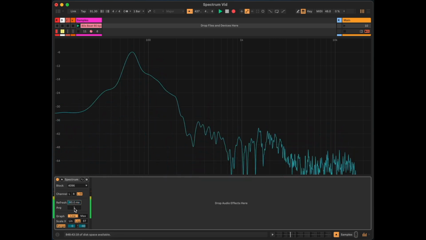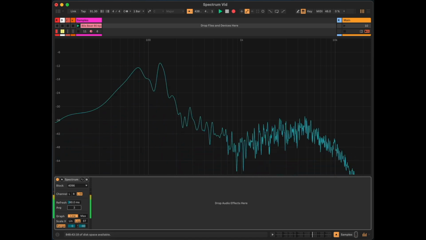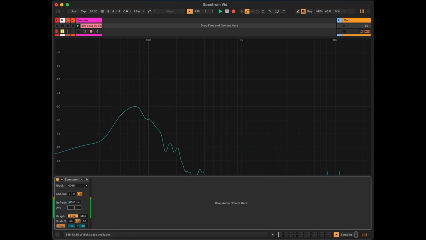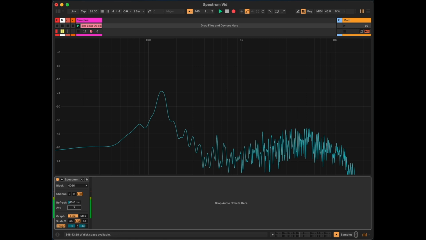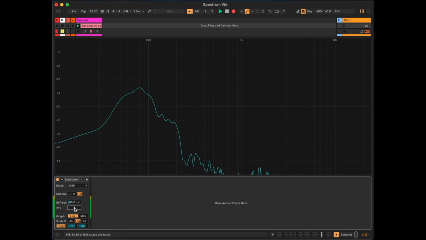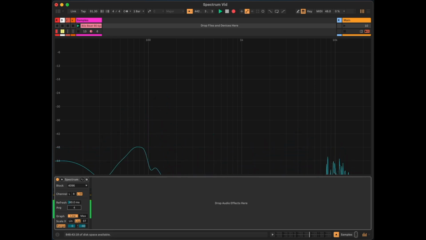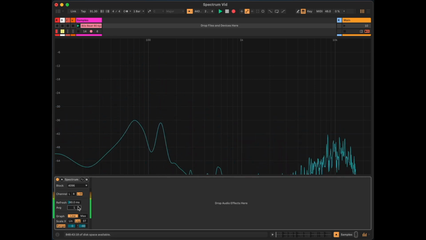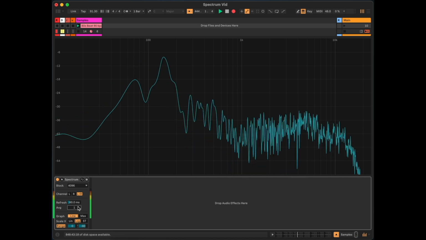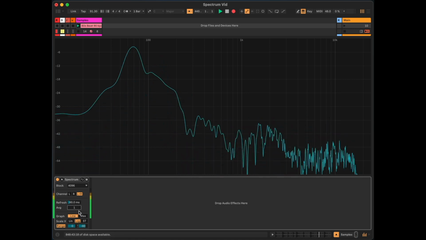The average slider allows you to specify how many blocks of samples will be averaged for each update of the display. That is how often it will update the window's frequency display in real time. With a setting of 1, each block is shown.